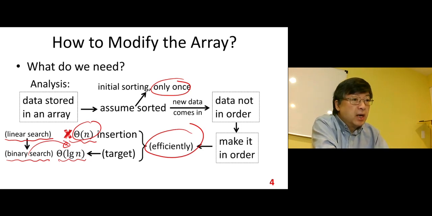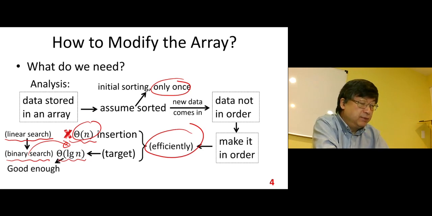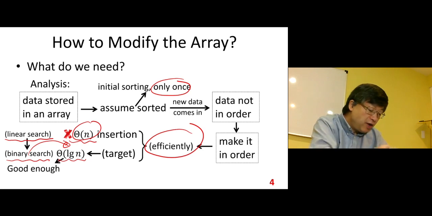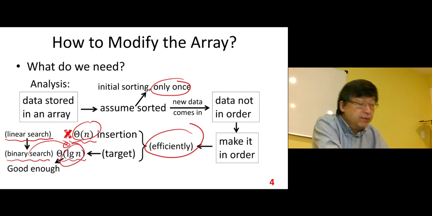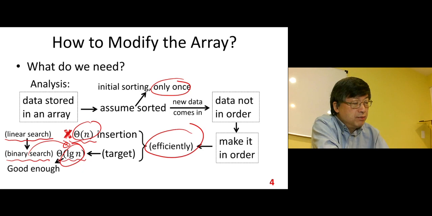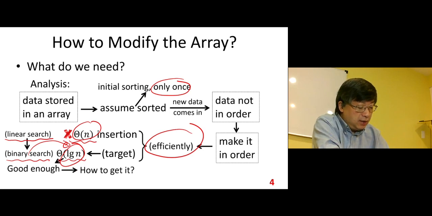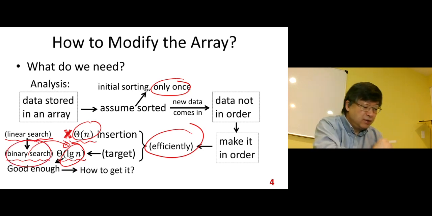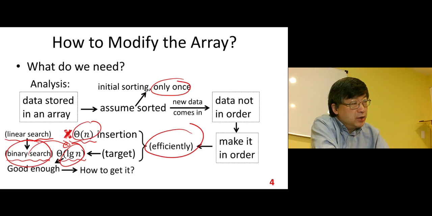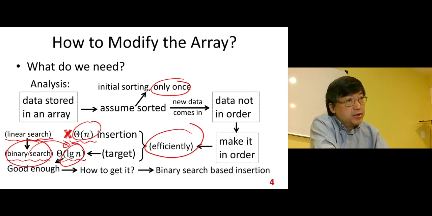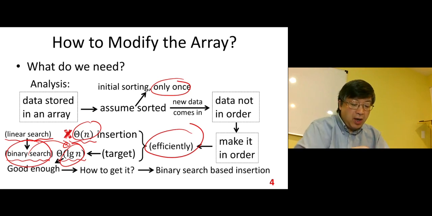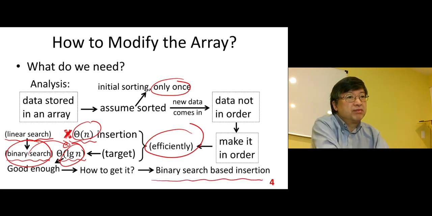Now, how to get that? We will be very satisfied if we can get this efficiency. The question is how to get it. Based on what we see here, the solution should be binary search based insertion.